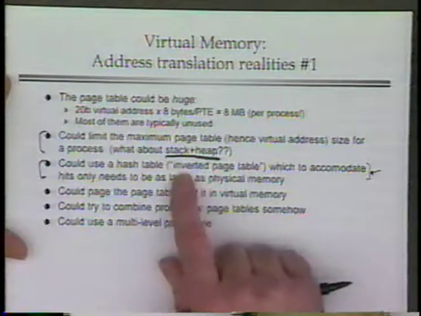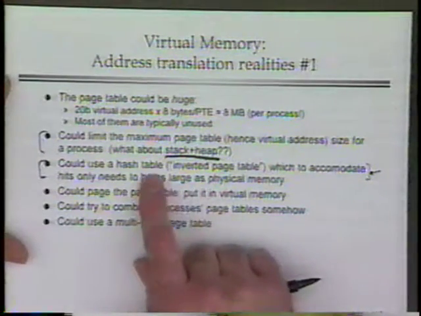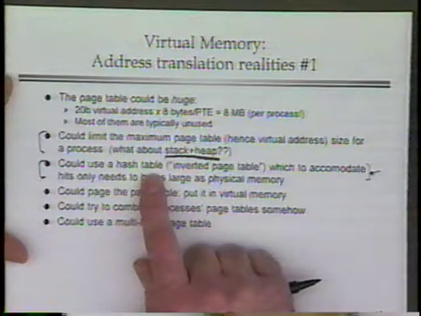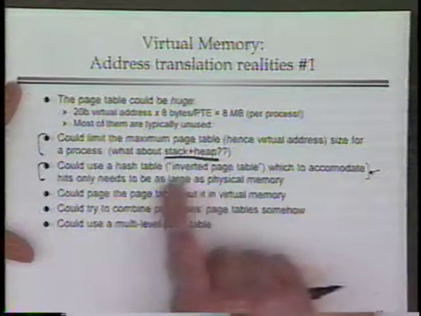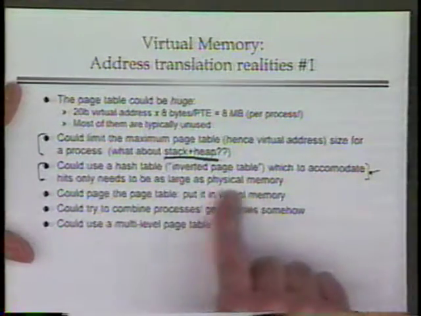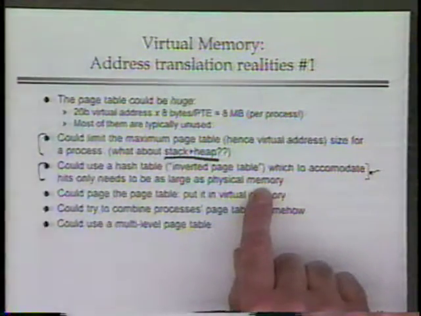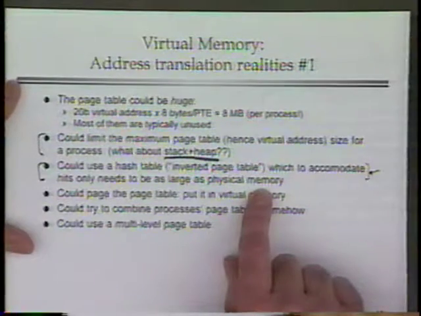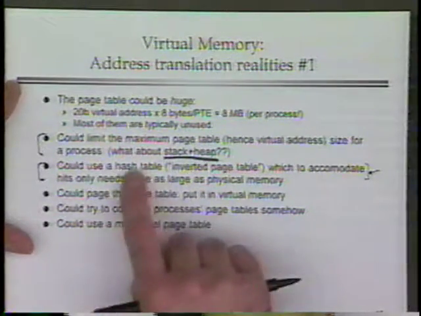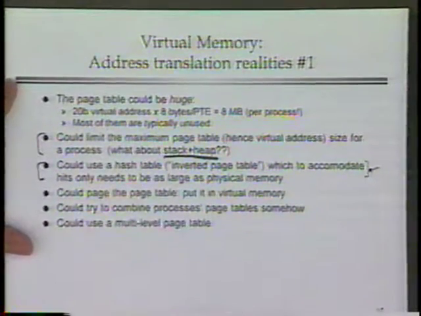In fact, it's more like the pseudo-associative cache, where you make a probe to see if it's there, and if it's not there, you look at another location. If it's not there, you look at another location. And in that case, the size of the table only has to be as big as physical memory eventually, or maybe twice that if you want to leave a bunch of holes. But still, it saves a lot of space, but it costs you enormously in time.